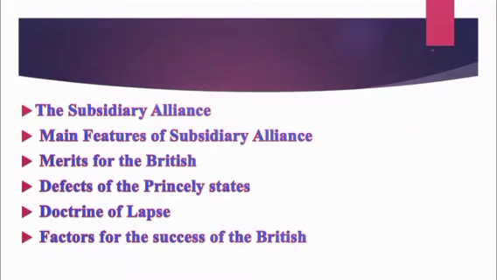Then we are going to see the subsidiary alliance, main features of subsidiary alliance, then merits for the British, defects of the princely states. Then we are going to see the doctrine of lapse. Then finally we are going to see factors for the success of the British.